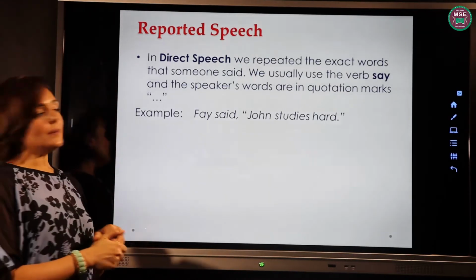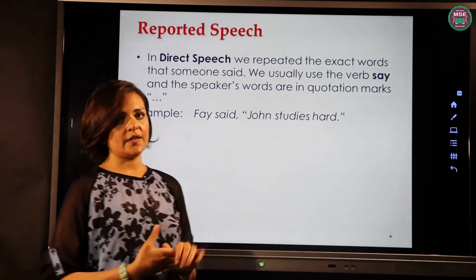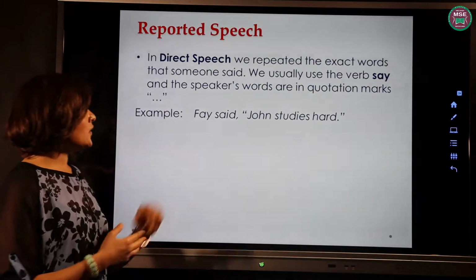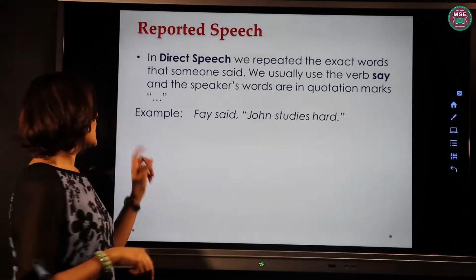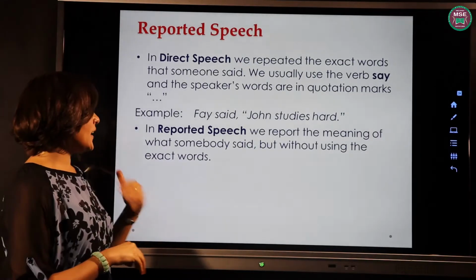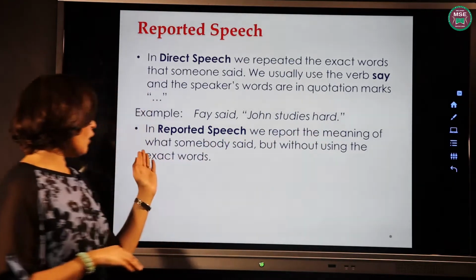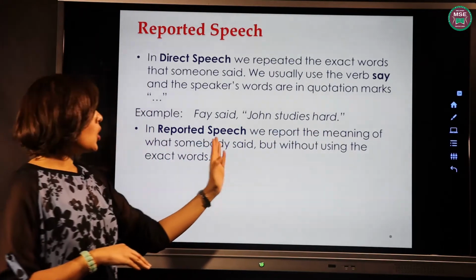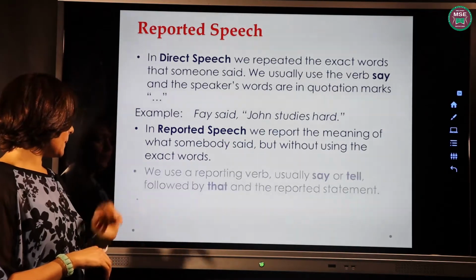For example, Faye said, "John studies hard." Here we find the word that Faye said, we put it between quotation marks. In the reported speech, again, or the indirect speech, we report the meaning of what somebody said without using their exact words.